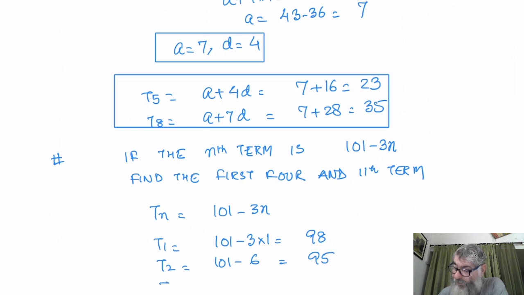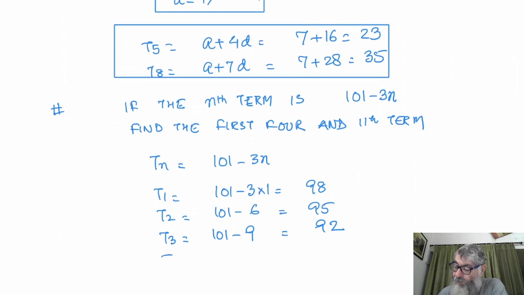And T3 will be 101 minus 3 3s are 9. So 92 I think it should be. And T4 should be how much? 101 minus 3 4s are 12. So it should be 89.